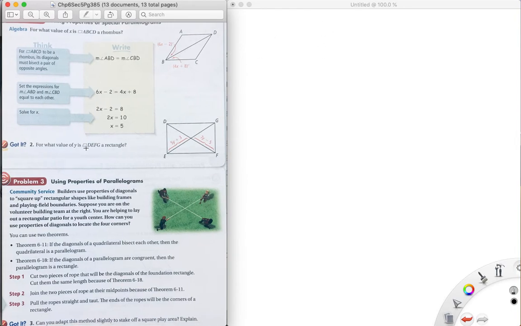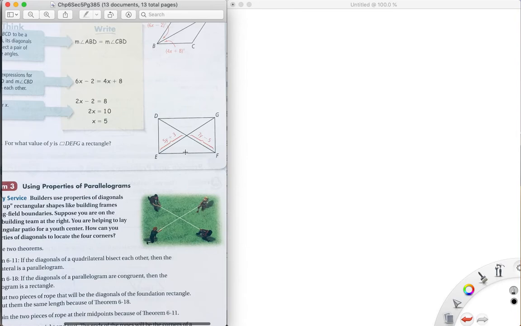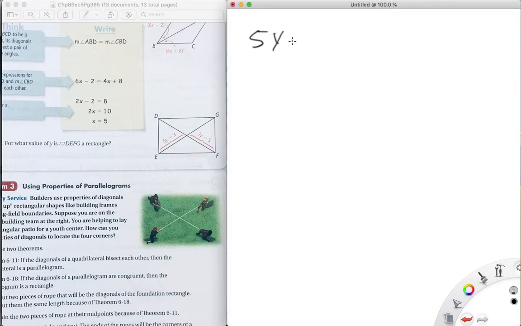Alright, find the value of y. If this is a rectangle, then I know that the diagonals are congruent. If the diagonals are congruent, I know that the intersection forms a bisection of the diagonal, so these two will be congruent. So it's going to be 5y plus 3 equals 7y minus 5.